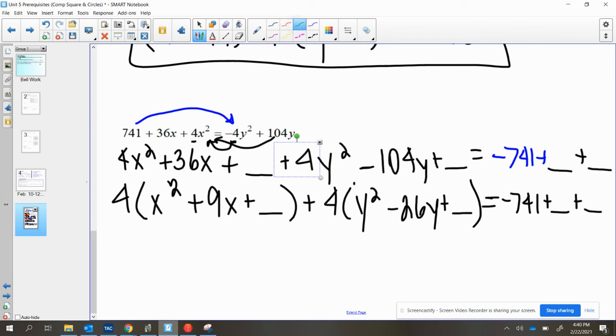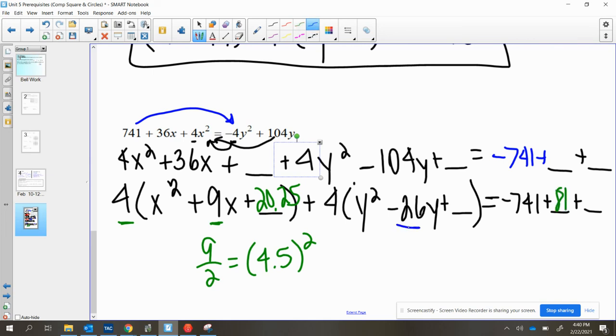Now, when we complete the square, divide this by 2. End up with 4.5. But we're going to square that. So we get 20.25. Now, when we add this to the other side, you have to be careful. We're not just adding 20.25, we're adding 20.25 times 4, since we officially have that factored out. So this is now 81.